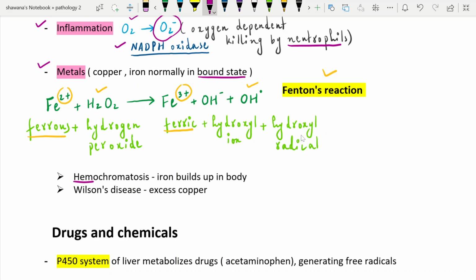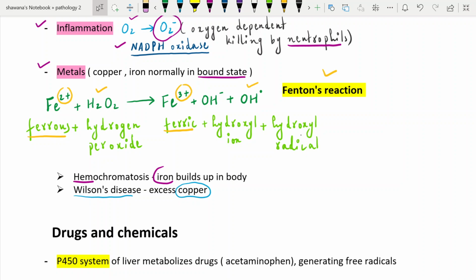Its pathophysiological mechanisms we are not going to discuss in this lecture, but you just need to remember that this disease causes the iron to build up inside the body. And the second is Wilson's disease. In Wilson's disease, the copper is in excess inside the body. So these two diseases can cause free radical damage to the cells and the system.